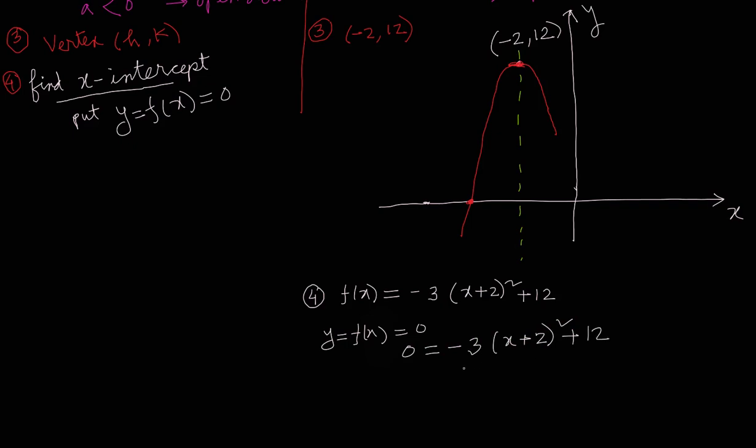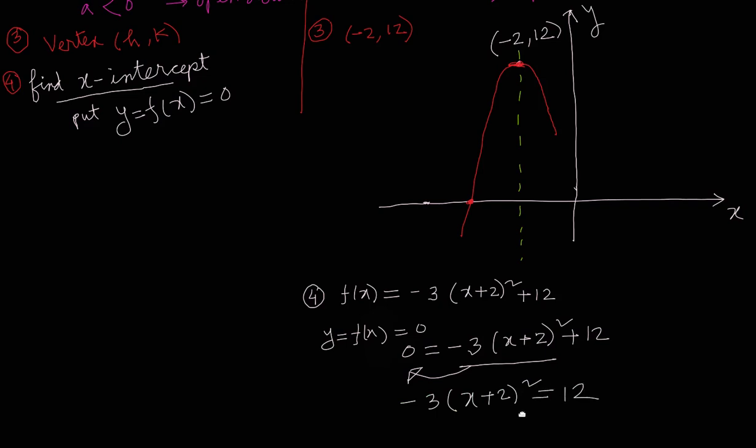So now let me bring this on the left hand side. What I get is -3(x plus 2) square equals 12.